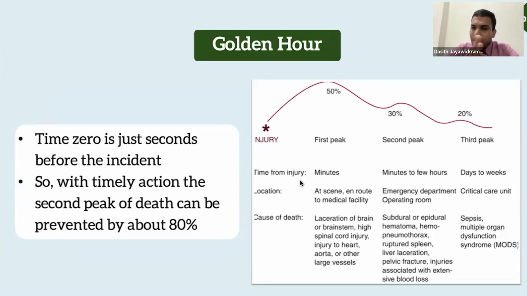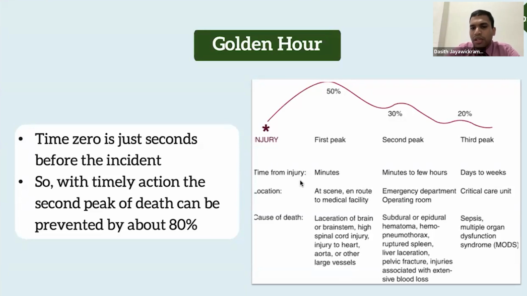With time, there are 3 peaks of death in trauma patients. That's the first peak, that's the second peak, and the third peak. The first peak of deaths, responsible for almost 50% of deaths in trauma, is within minutes of the injury, at the accident.